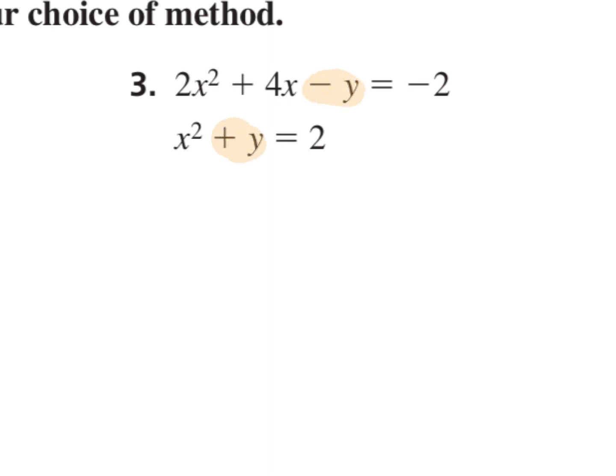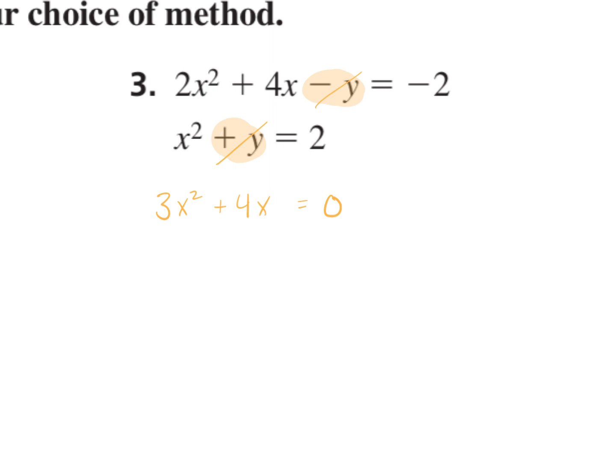So I'm going to stop using substitution because I know that those y's will cancel out right off the bat. So I'm going to combine my like terms. So 2x squared plus x squared would be 3x squared. I have a 4x. I don't have any other x's, so it's just plus 4x. The y's cancel. And then it's equal to negative 2 plus 2 would be 0.